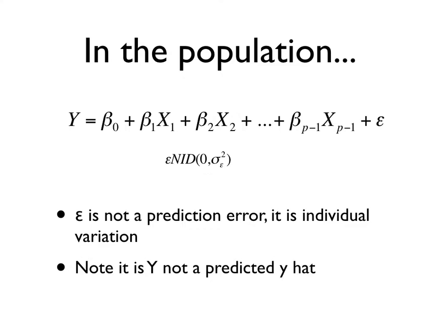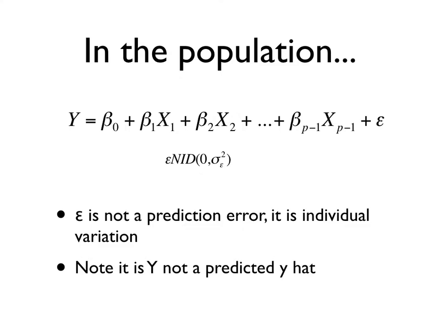You can't know them. You're estimating the betas with the Bs. Just like we estimate the treatment effects, we're estimating tau in analysis of variance with the little treatment effects we figure out. Okay?